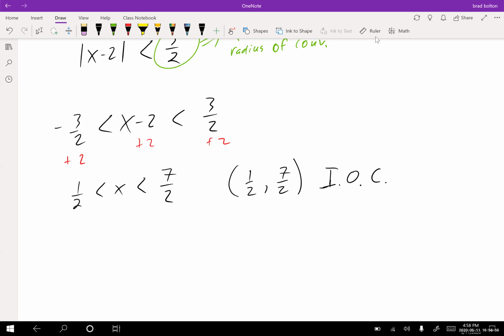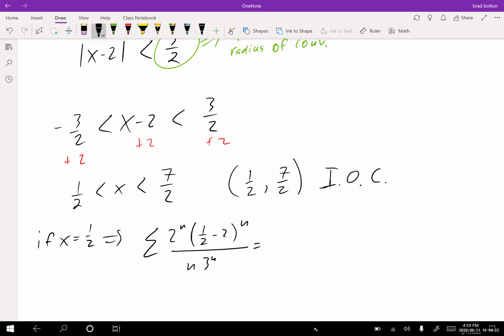So I'm going to come down here and I'm going to say if x equals 1/2, then we have the summation of 2 to the n. And remember, this is values of x. So remember, it was x minus 2. So this is going to be 1/2 minus 2 to the n. Okay, and then all divided by n 3 to the n.